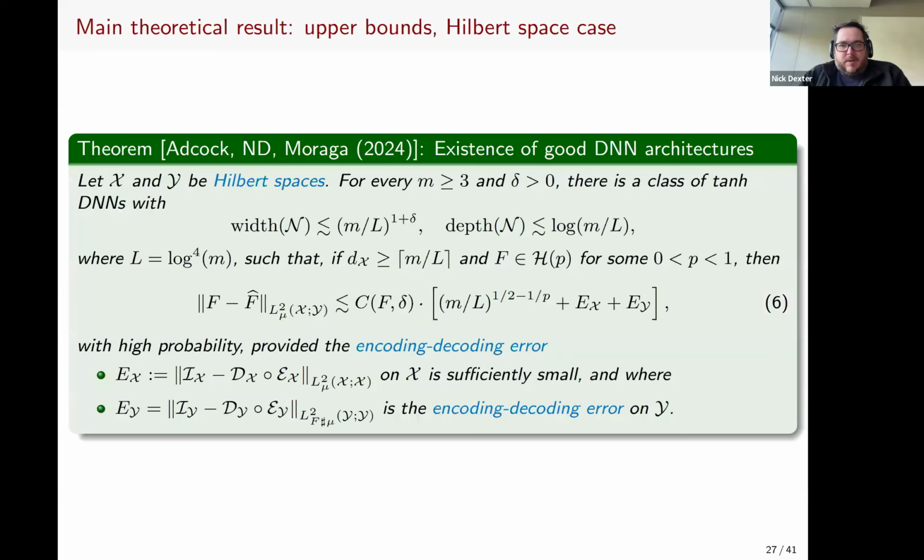Then we're able to show, in the paper from 2024 with Ben and Sebastian, the existence of good DNN architectures in this result. It says let X and Y be Hilbert spaces.